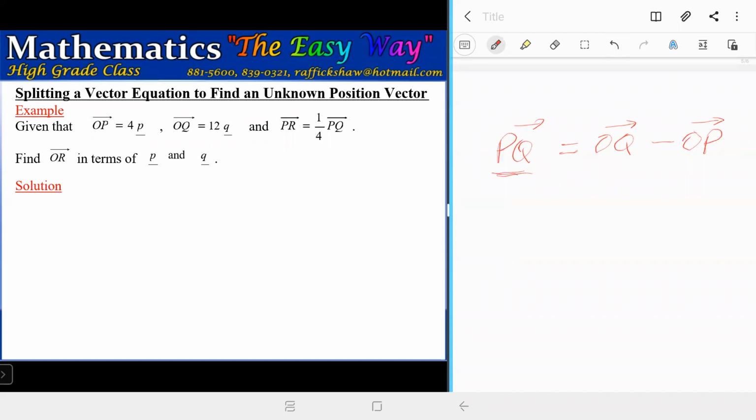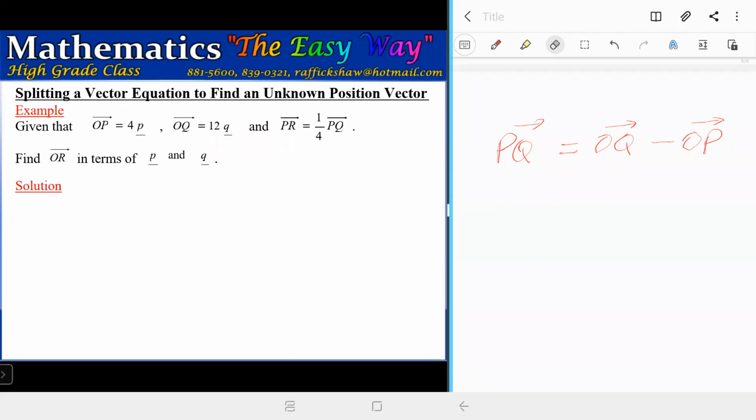So if you know this and you know this, you can use equation to find that one here. And if you know these two, use the two of them to find that one there. That's what this is all about. So sometimes we have to split a vector equation to find an unknown position vector.